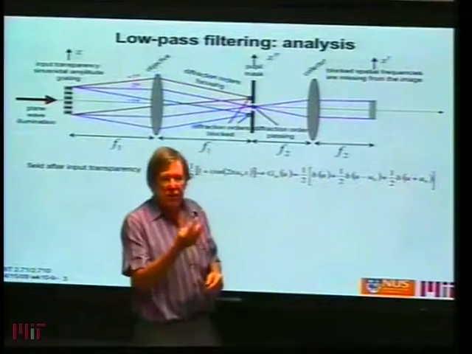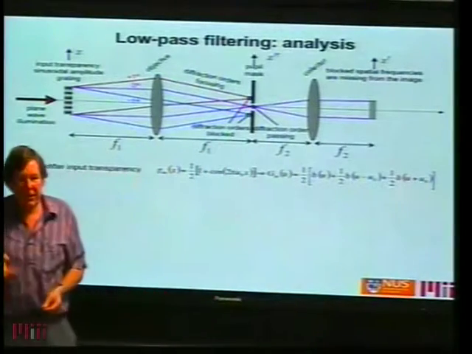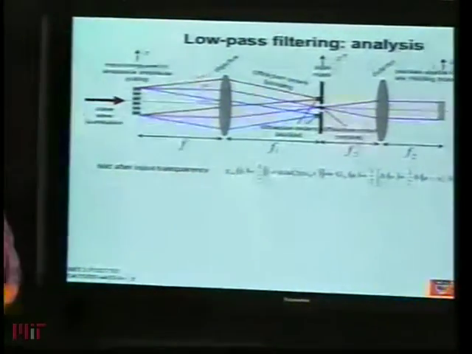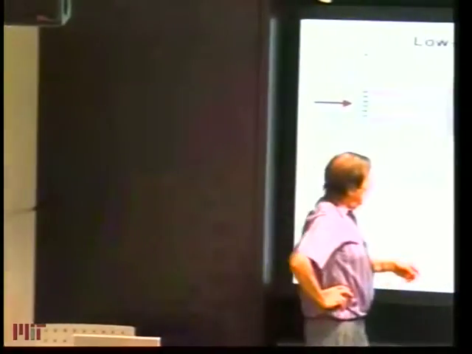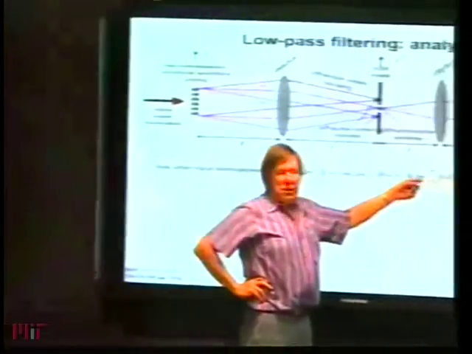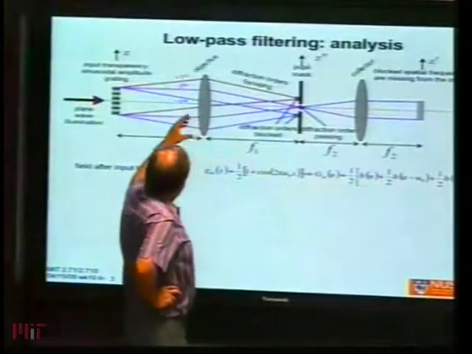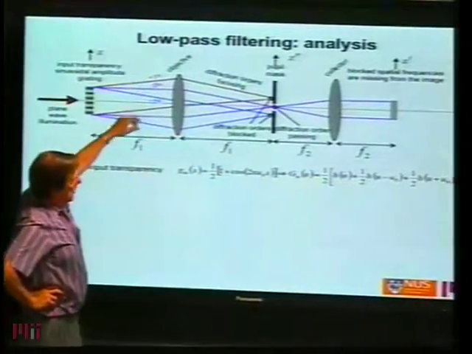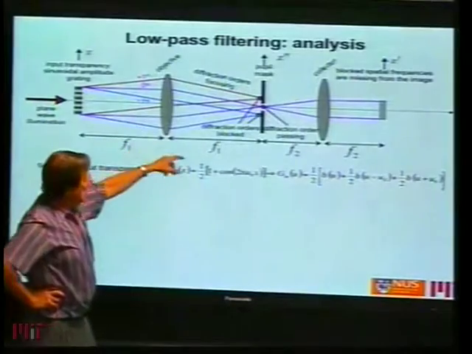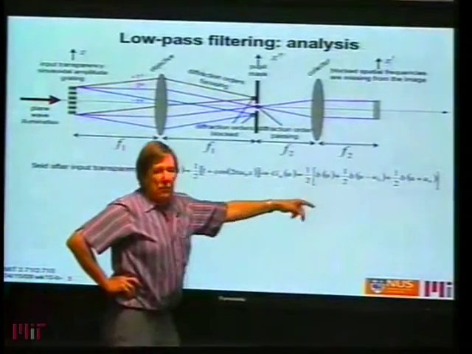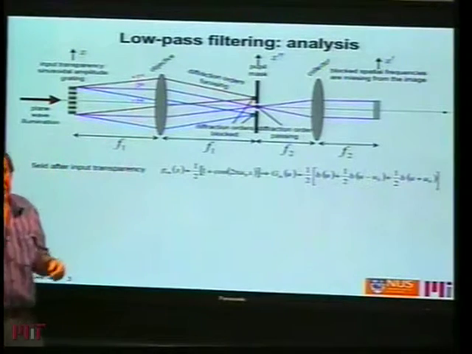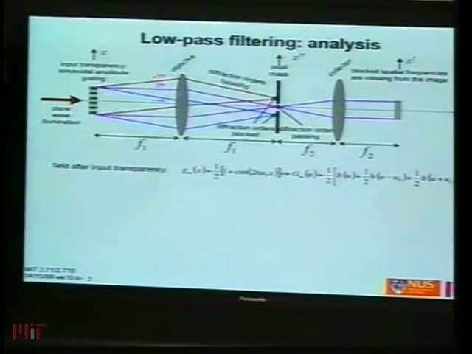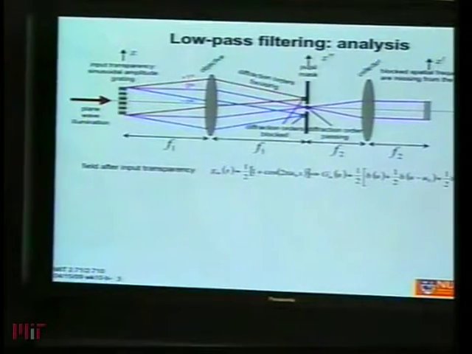So you've got these three spikes that we've been talking about for the last few slides now. This is the object spectrum, the angular spectrum that we've got here. You can see that u basically represents the angle that these plane waves are travelling in, and there are 3 different angles that the light can travel in.